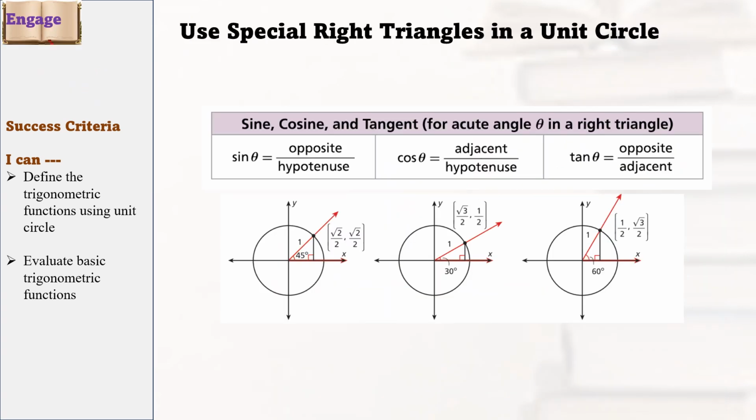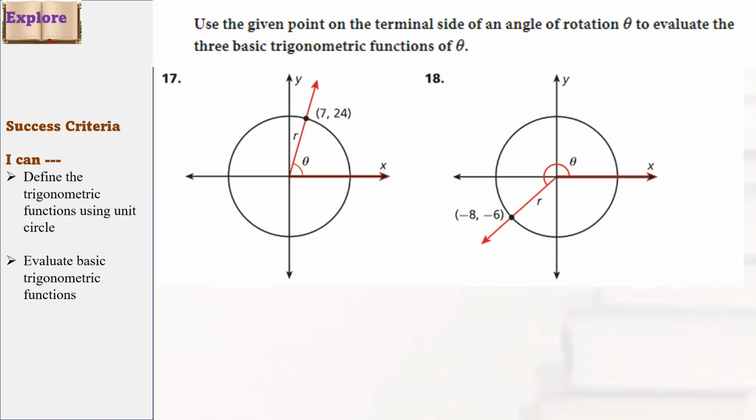Now try to solve a few questions to understand this logic. They are asking you to use the given point, that is 7 and 24, to find the basic trigonometric functions or ratios. So what are the basic ratios?